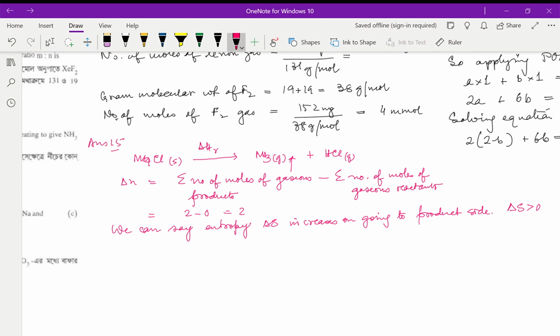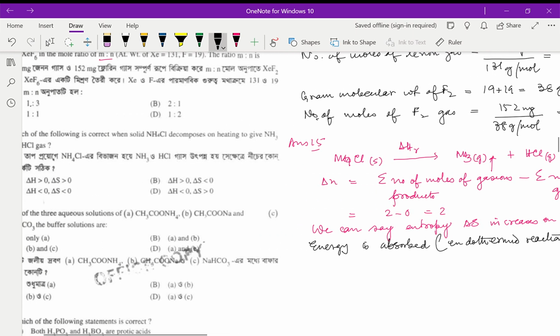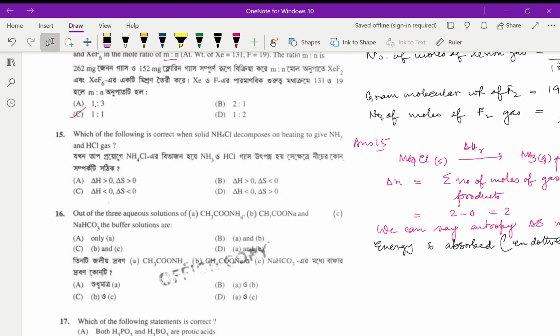Now since in this reaction energy is absorbed, which means it is an endothermic reaction, obviously we will call the delta H over here to be positive. So delta S is positive, delta H is positive, so obviously here our answer is going to be option A.